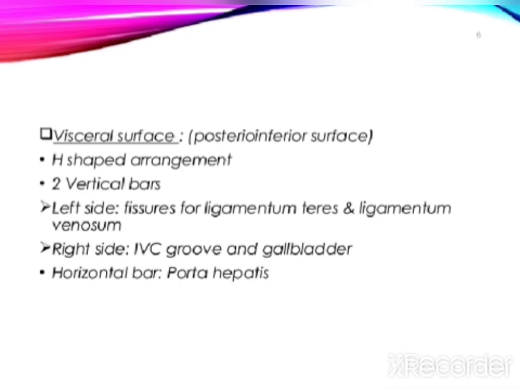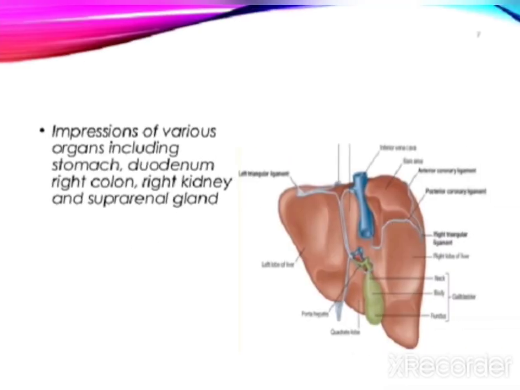The inferior surface is basically sharp anteriorly, where it separates the anterior surface from the inferior surface. It is somewhat rounded laterally, where it separates the right surface from the inferior surface. The sharp anterior part is marked by the interlobar notch, which you can see here.